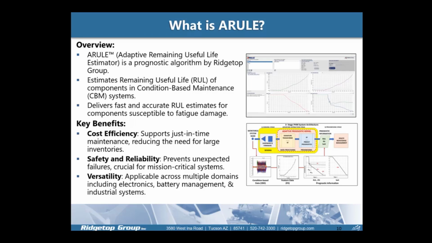Some of the key benefits include cost efficiency, improving safety and reliability for the systems where we're monitoring for future data. And it is very flexible and versatile across multiple different applications and different types of systems. So we've processed failure mode data from electrical systems, mechanical systems, and combinations thereof.